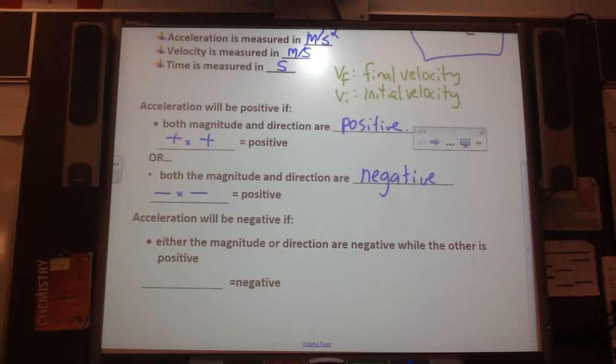So it's like if I'm decelerating to the west, I end up with a positive acceleration. If you're decelerating, your magnitude would be negative, but if you're going in the negative direction, then you end up having a positive. Again, I'll do that way more in Physics 20. Don't worry too much about that right now.